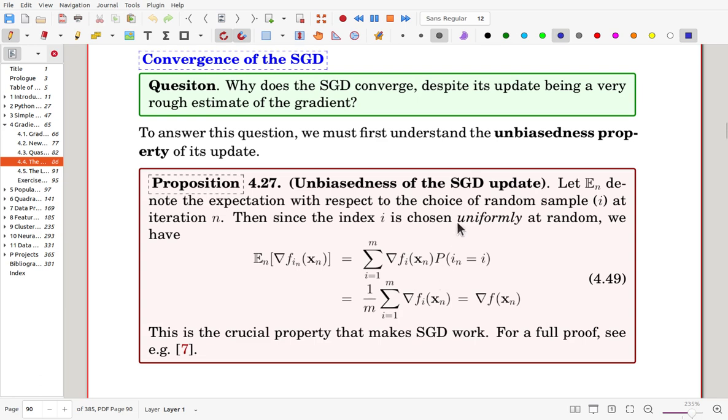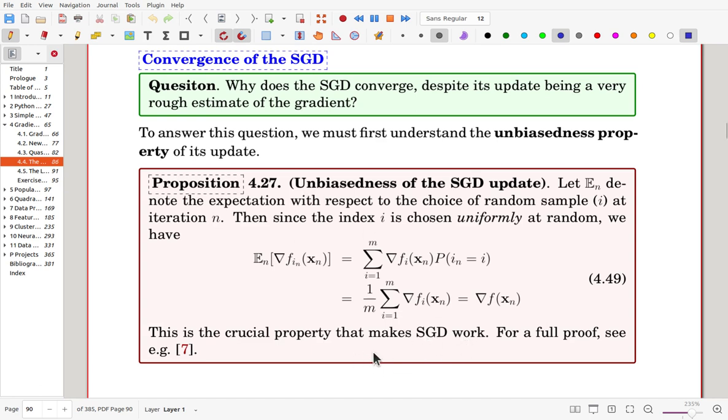Since the probability is 1 over m, this term can be written in this way, so that eventually it is the same as the full gradient. So the expectation of the gradient of one component is the same as the full gradient. This is the crucial property that makes the SGD work.